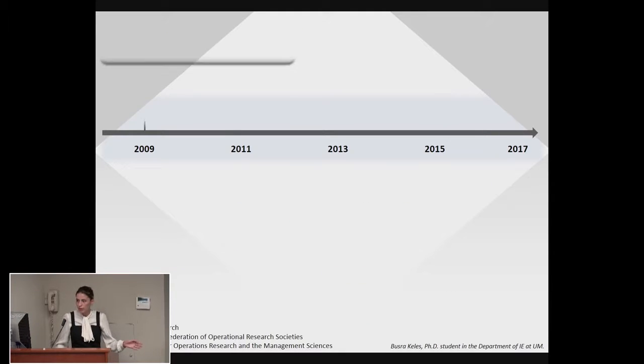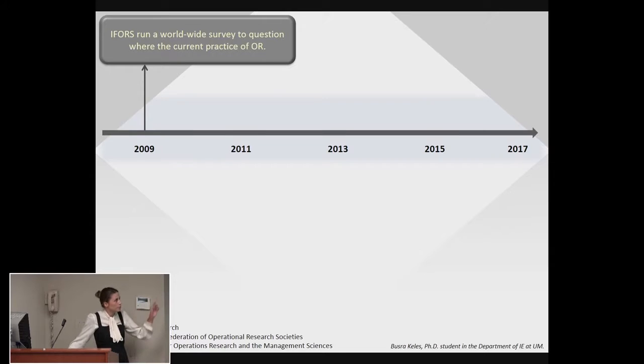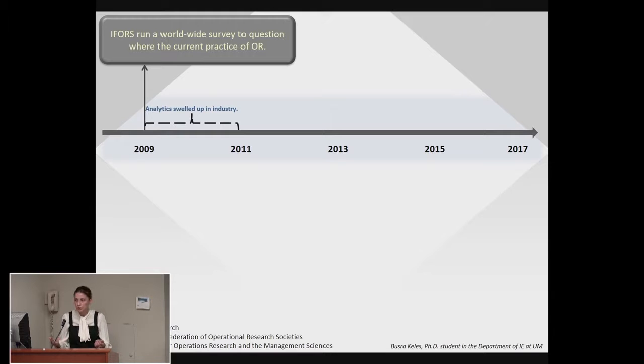If you want to look quickly at the past 10 years, in 2009, one of the biggest operations research societies ran a worldwide survey because they wanted to question where the current practice of OR is. The results were remarkable because for OR jobs, advanced mathematical workers were not required. It was okay if they do simple statistics reporting and if they know the organizational culture.